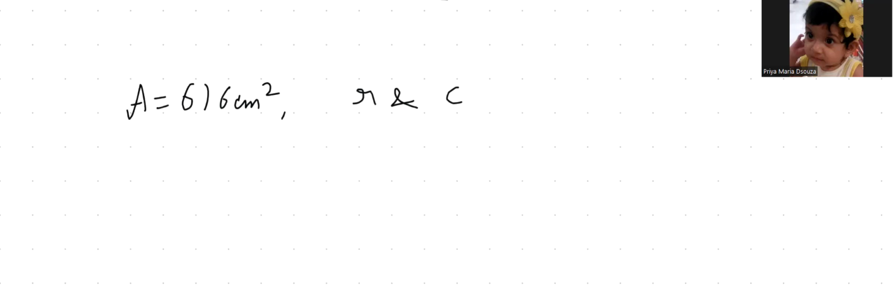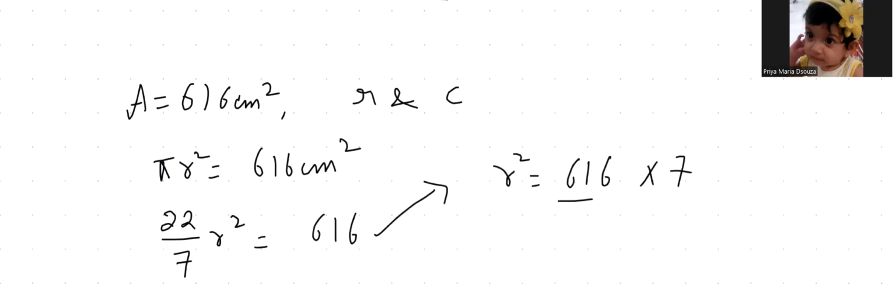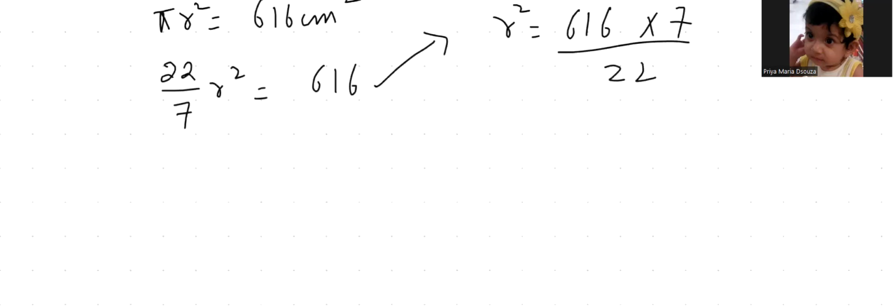So what is the area? Pi r square, isn't it? Pi r square is 616 centimeters square. So what is pi? 22 by 7 into r square is equal to 616. So we can find r square is 616, of course the 7 will go up and the 22 will come down. Now we can make out there are multiples of 11.